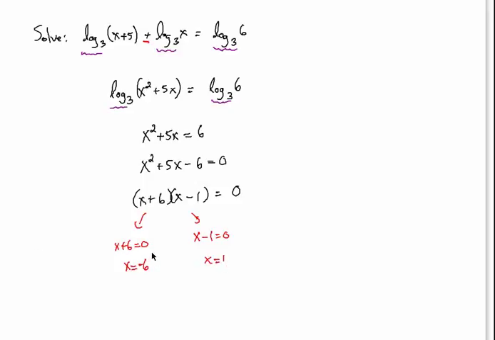Okay. Now, when you have these log equations, we do want to be careful to check our answers because by log properties we cannot have any negative arguments in here.